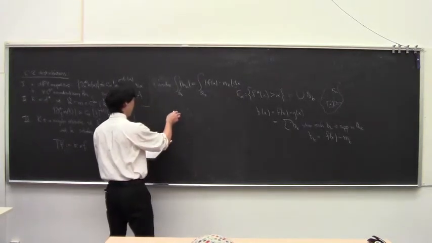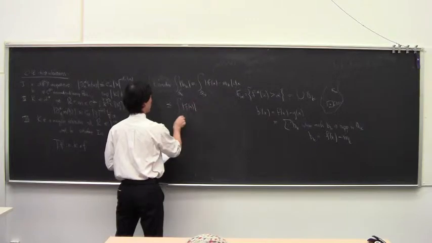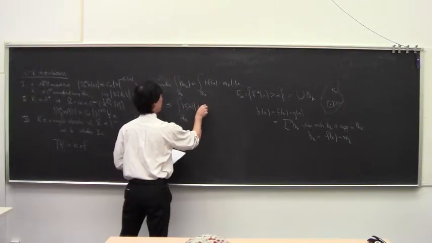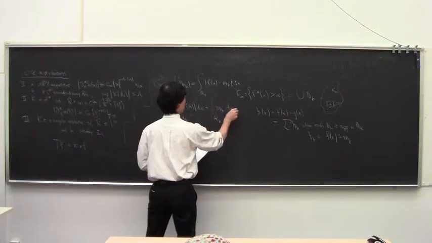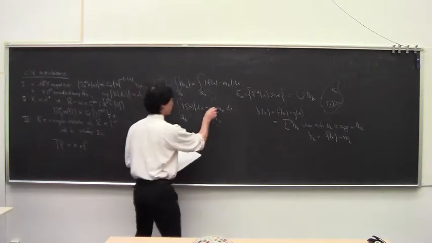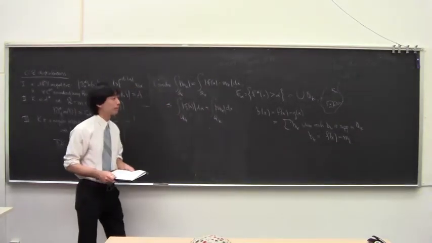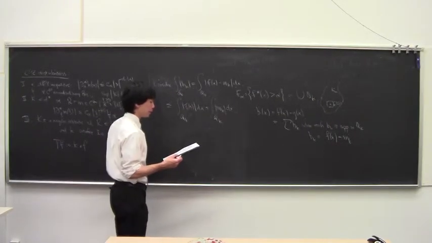And we do a very crude thing: we just bound it by this sum, using the triangle inequality in a very crude way.